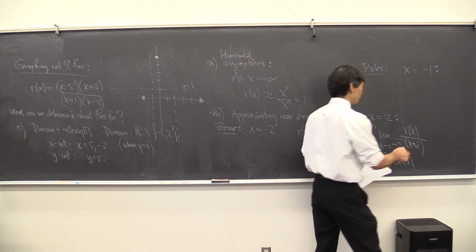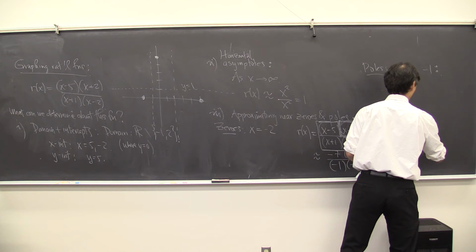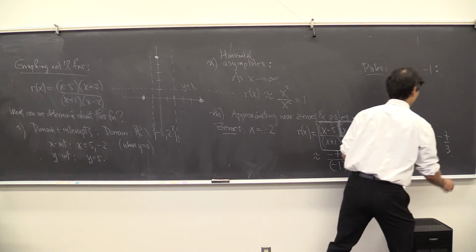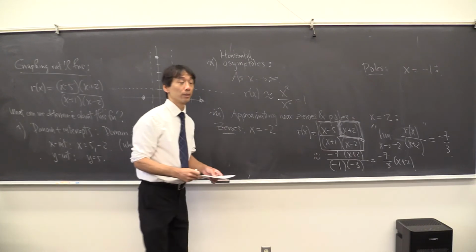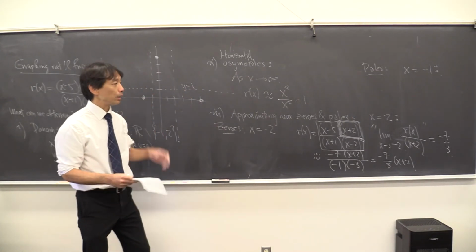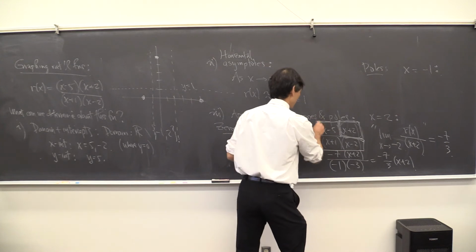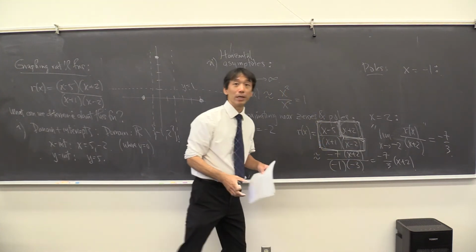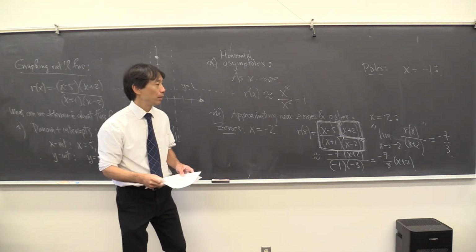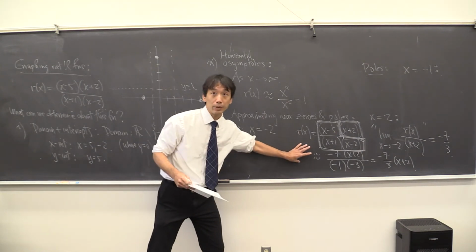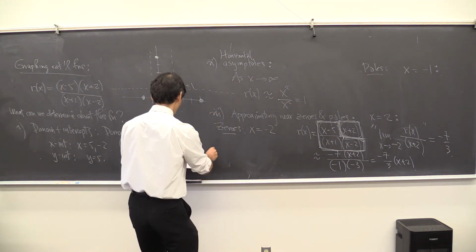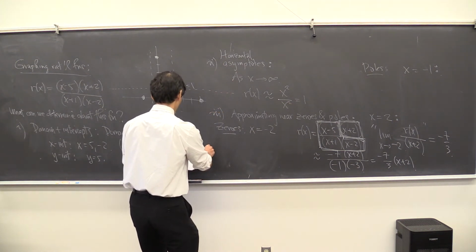And that'll give us some constant, this -7 thirds. We're taking the limit of this thing, to use the language of calculus. Are you okay with that? Why don't you try the next one, just for practice.